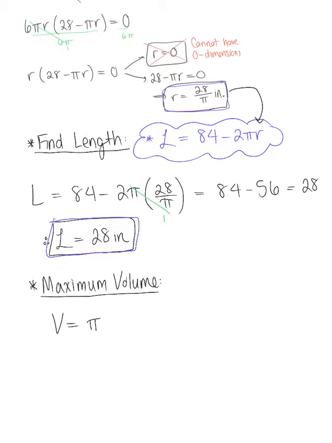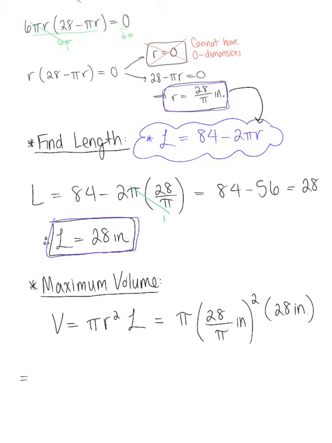So the volume is pi r squared times the length. And plugging in what we just found, we have pi multiplied by 28 all over pi squared multiplied by 28. Oh, and shame on me, don't forget your inches. So this should be 28 divided by pi inches squared multiplied by 28 inches.